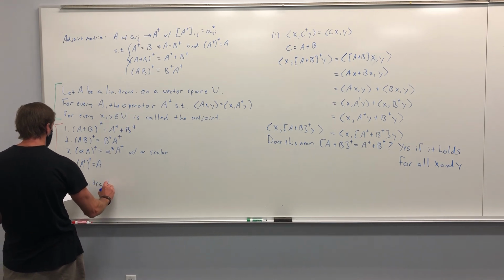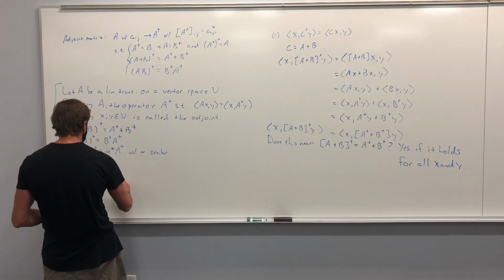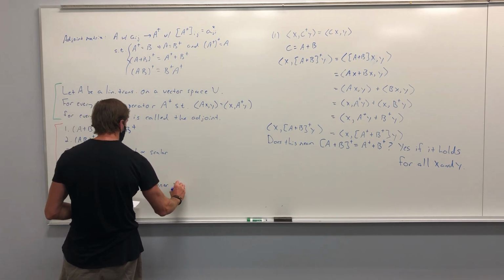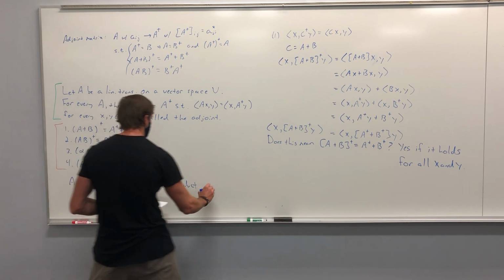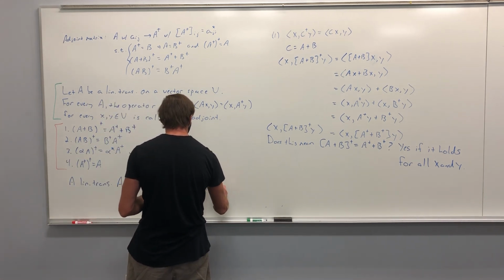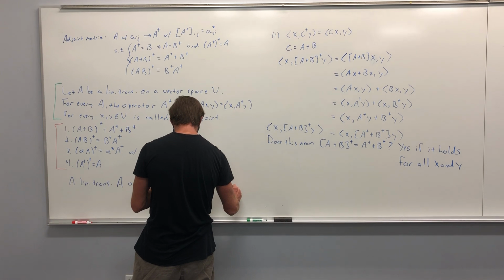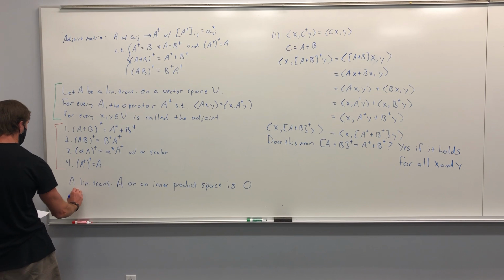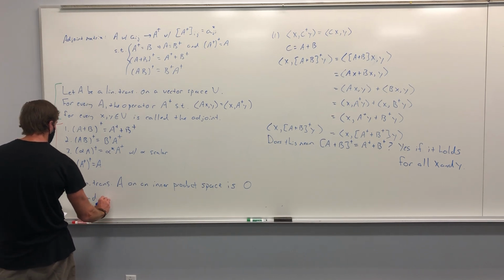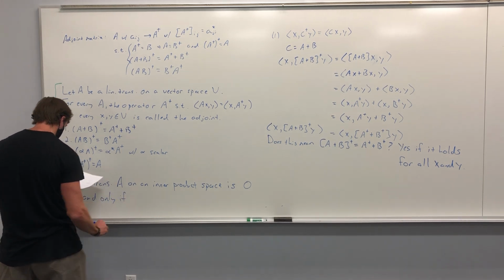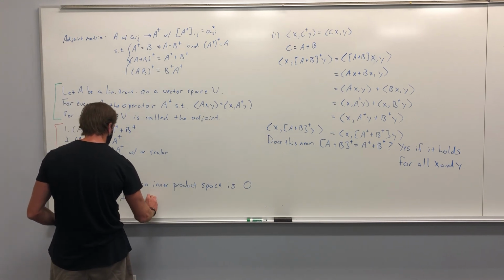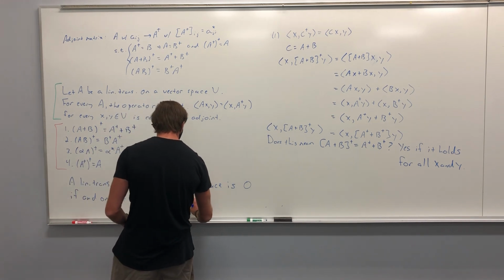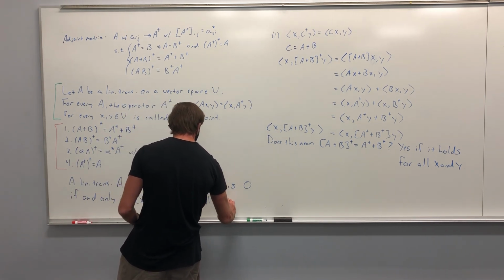A linear transformation A on an inner product space is 0 if and only if <x, Ay> is 0 for all x and y.